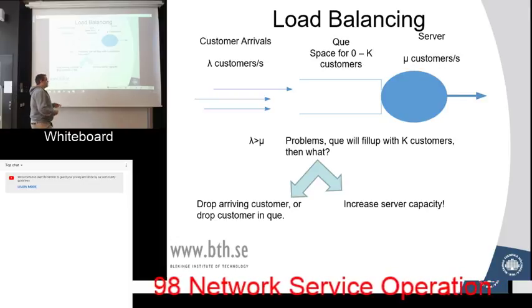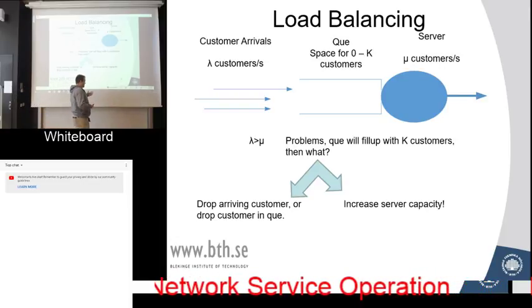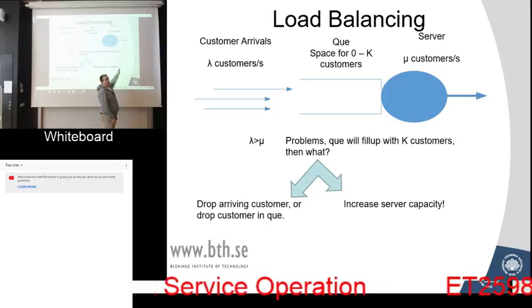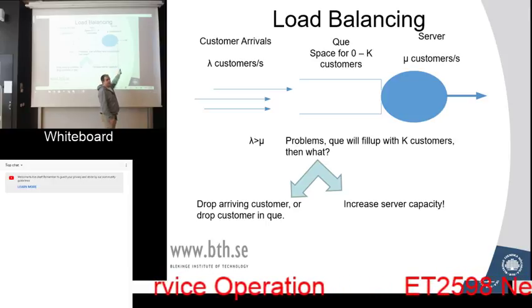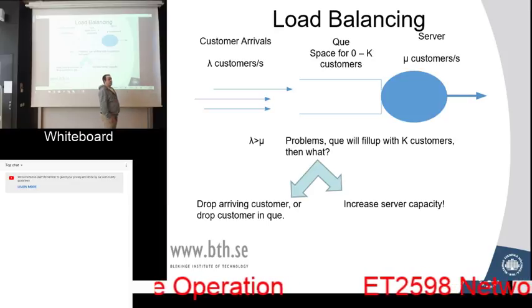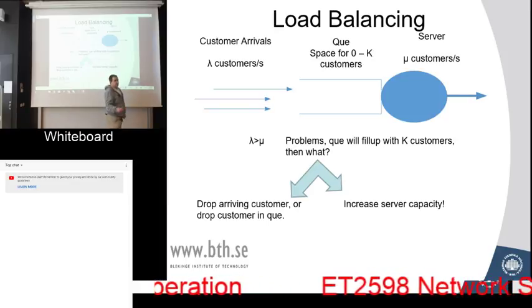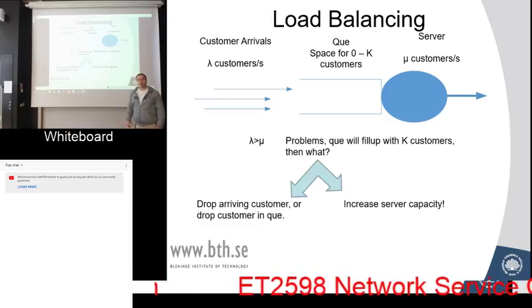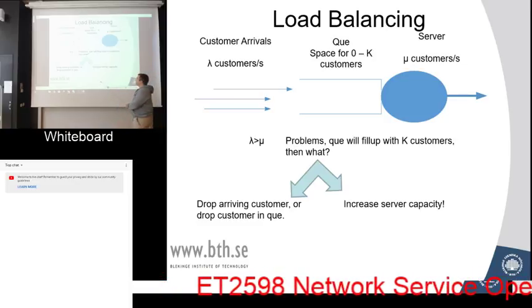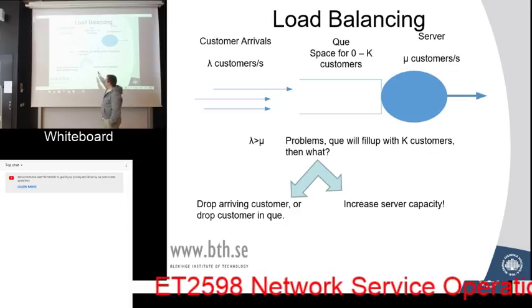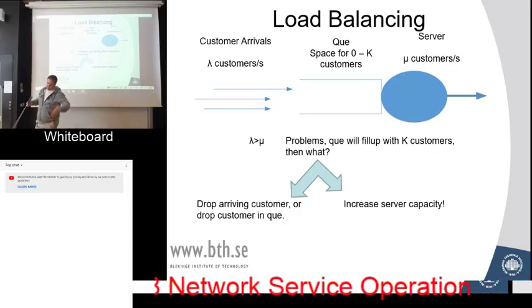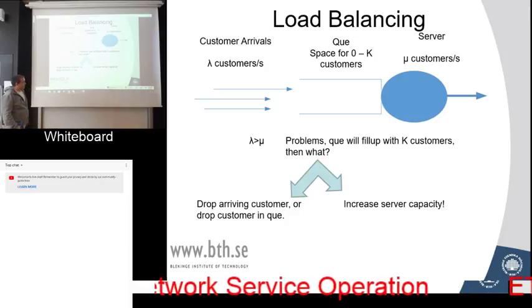The good thing with an overload state, or a bad thing, depending how you see it, is that you will always have a departure of a customer every 1 by mu seconds, because that is the service time it takes. You will always have customers departing. Now, eventually, our buffer will fill up, unless we have an infinite buffer, and then we'll have infinite queuing time.